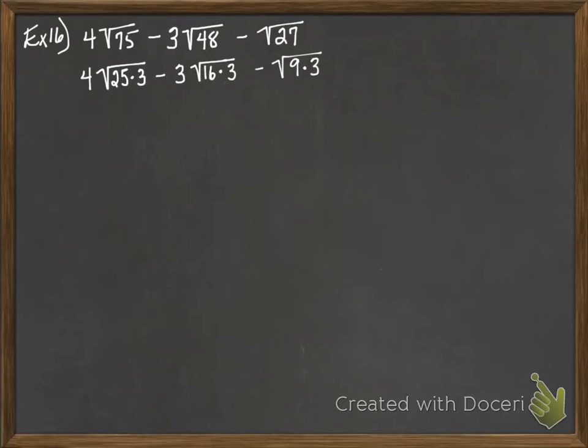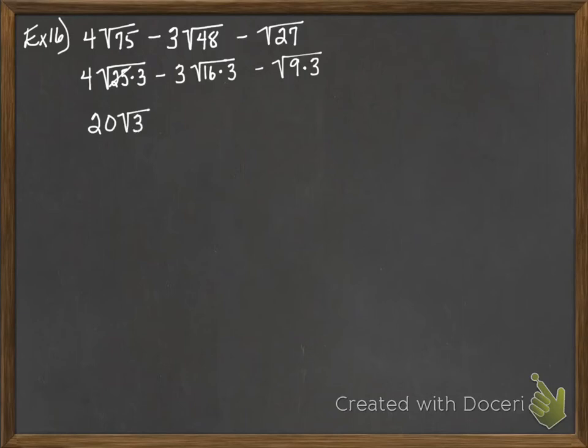So in this first part of our problem, we've got to simplify all the square roots before we can add or subtract. So what's the first radical turn out to be? Take the square root of 25, which is 5. 5 times 4. Some of y'all will start doing this in your head. 20 square root of 3. If you know what you're doing and you can skip a few steps, that's fine.